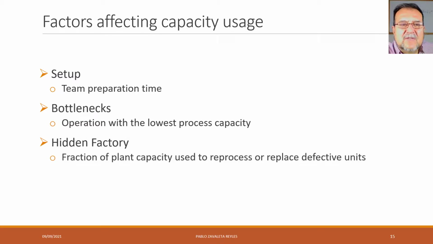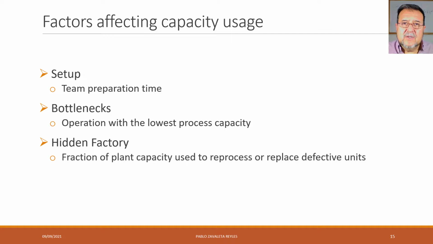The hidden factory is the fraction of a plant that's diverted to reprocess or replace defective units. So if you're producing with a lot of defective units, your capacity actually grows smaller and your efficiency goes down.